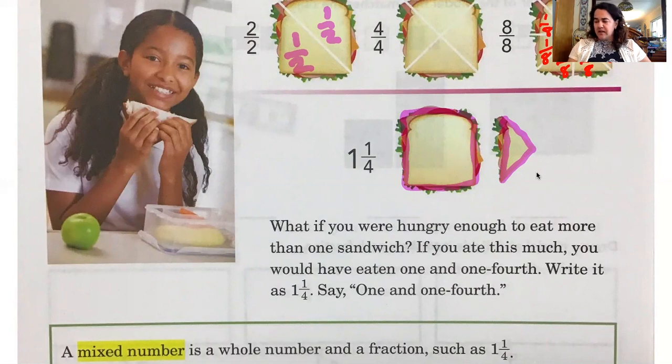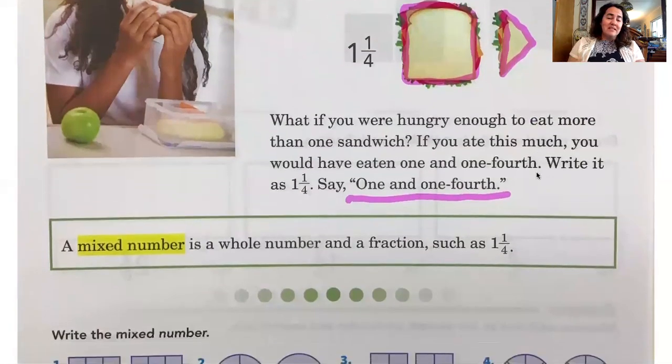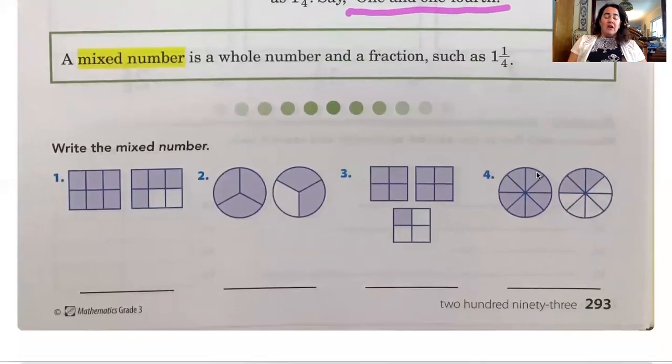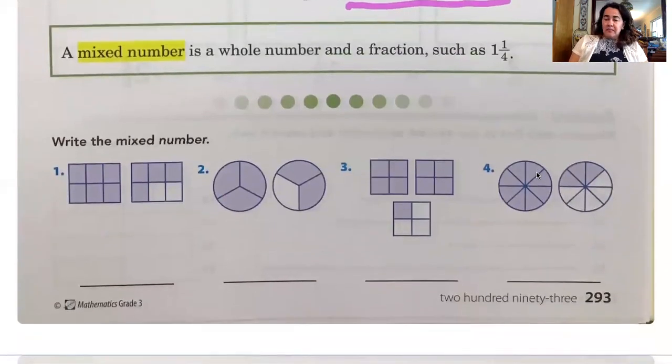So we would write it as 1, here's the whole number, with the fraction 1/4. So boys and girls, say with me, 1 1/4. Very good. Okay. A mixed number is a whole number and a fraction, such as 1 1/4. Now we're going to write the mixed number.